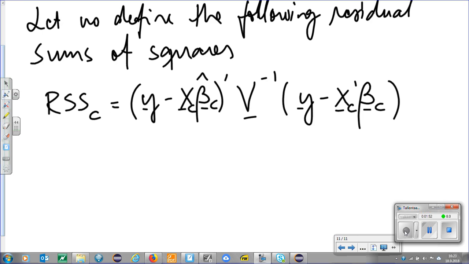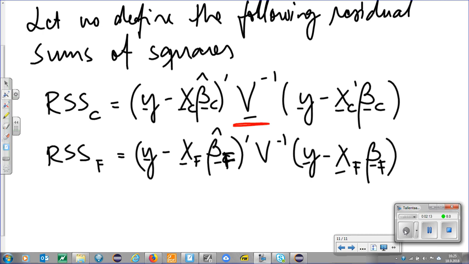First, we define the residual sum of squares for the constrained model, and it is just a weighted residual sum of squares based on the assumed known variance covariance matrix V. And correspondingly, we define the residual sum of squares for the full model by using the model matrix and GLS estimates of the regression coefficients of the full model.